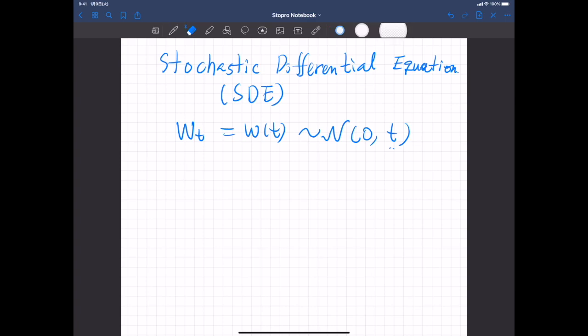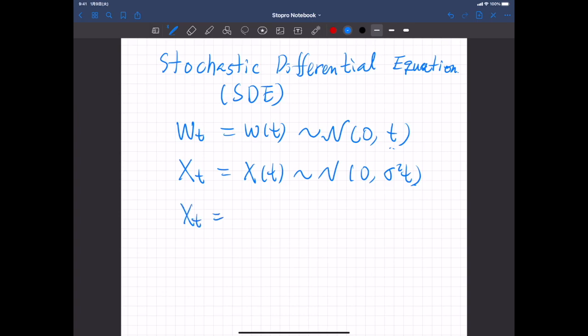And in a similar manner, if we write xt for a Brownian motion with variance sigma squared t, then we can write xt as sigma times the standard Wiener process.